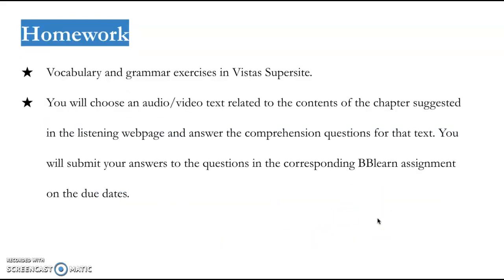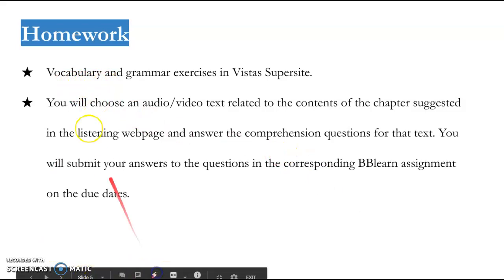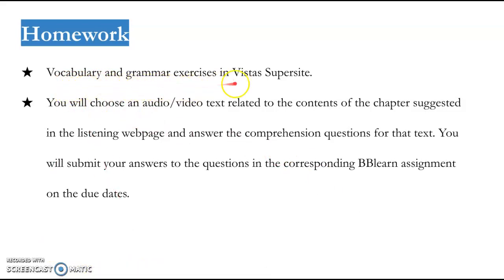For homework, we have some main assignments throughout the semester, right? So we're going to do the vocabulary and grammar exercises in Vistas. Those are going to be per chapter, right? And we're going to talk a little bit more about those.